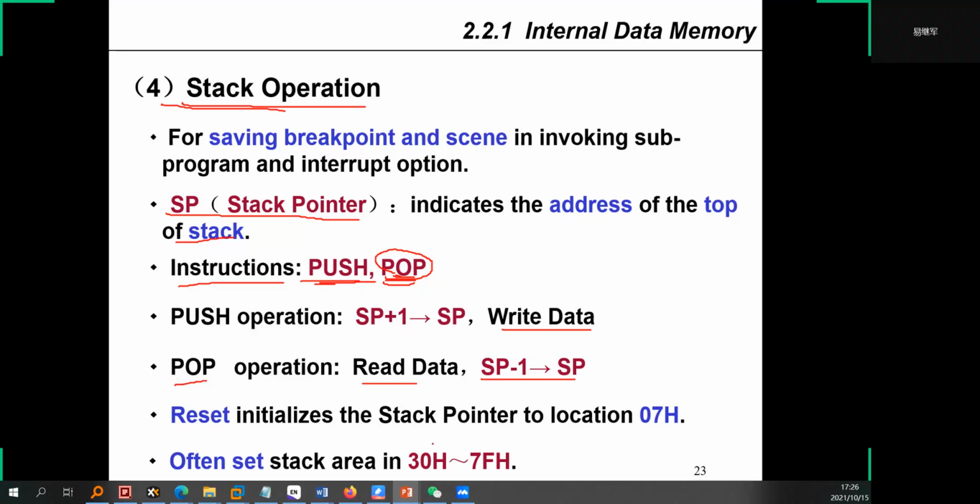Reset initializes the stack pointer to 07H. We often set the stack area in 30H to 7FH. This area is for the user, so we can set the stack pointer in this area.